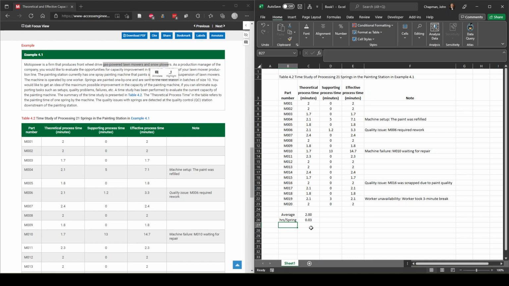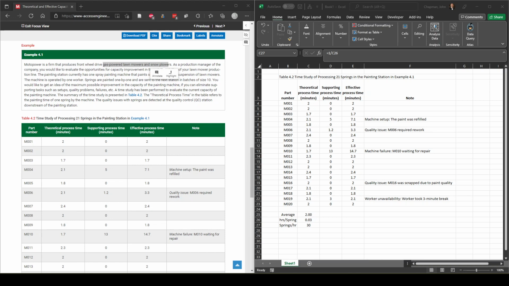So instead of measuring at a product by product level, how much time it takes to do one product, we want to take that 0.0333 and use that to figure out how many springs we can do per hour. So we're just going to flip this around. And that's going to give us 30. What does that mean? That means we can paint 30 springs per hour on average.